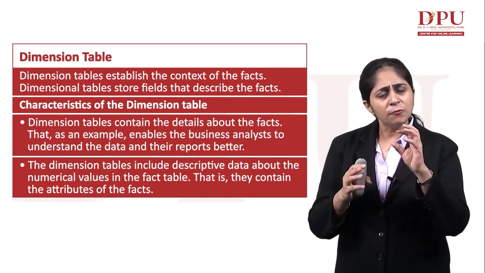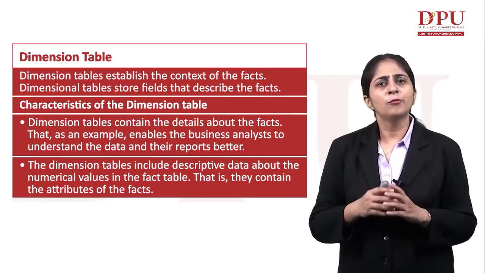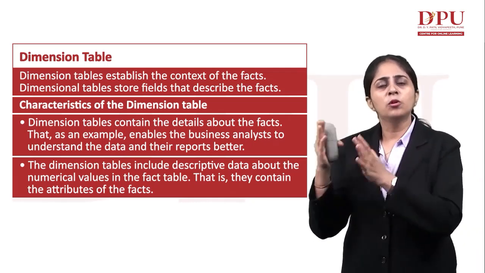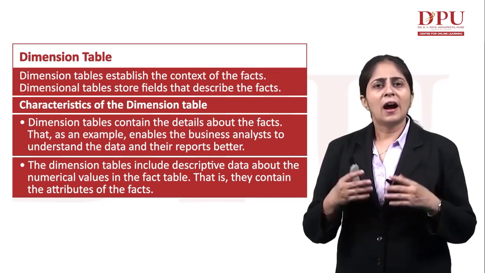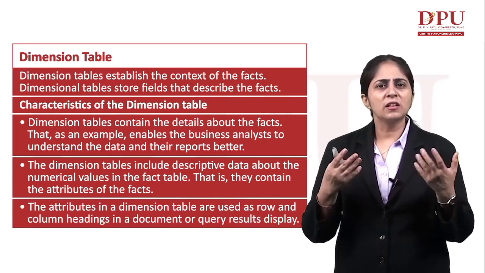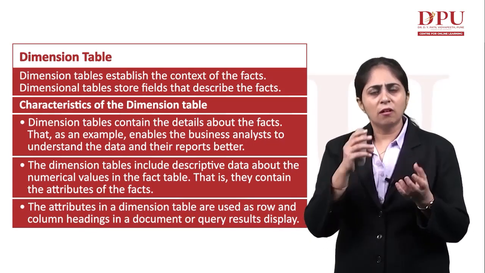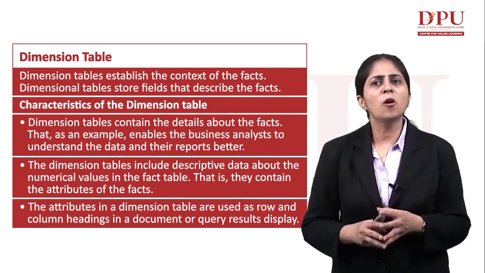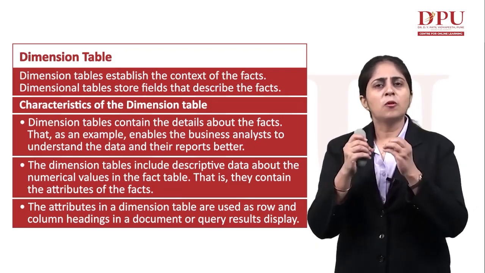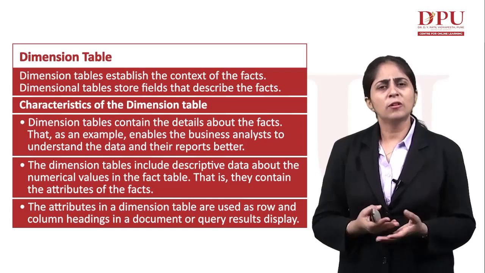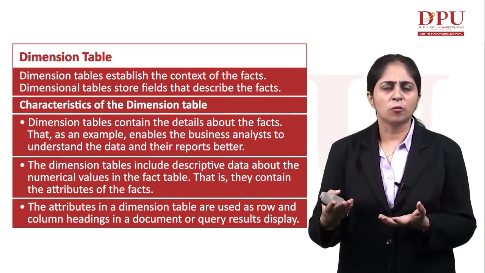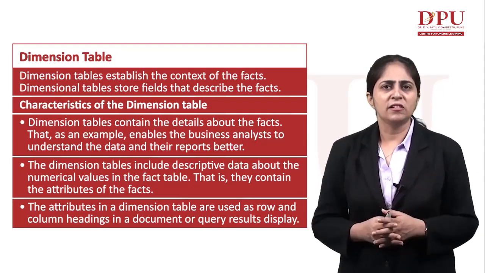It will store fewer rows, but it will have more columns representing each dimension. So the various attributes in our dimension table can be represented using certain column headings, with which we can represent our dimension in any particular document, or for the purpose of query analysis or any other reason.